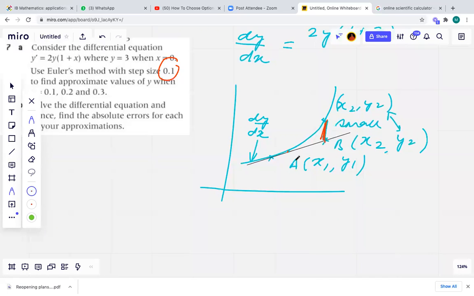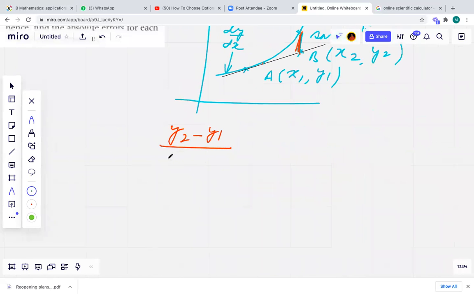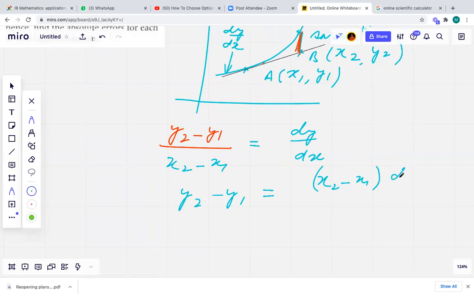What is my gradient dy by dx? So y2 minus y1 upon x2 minus x1 is dy by dx. So y2 minus y1 is x2 minus x1 into dy by dx.